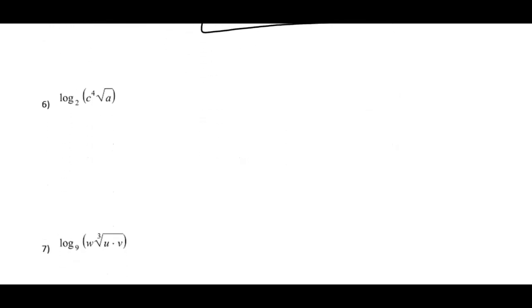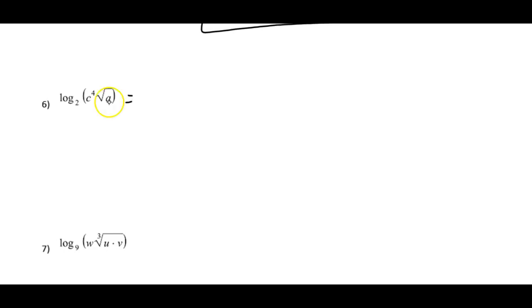Okay. This one, I'm going to rewrite this one because we need to see the exponent on everything. So whenever you have a root, you want to rewrite that as a rational exponent. So we solved those types of equations before where we bounce back and forth between radicals and rational exponents. Rational exponents are helpful for some things, and this is one thing that we're going to use it for.